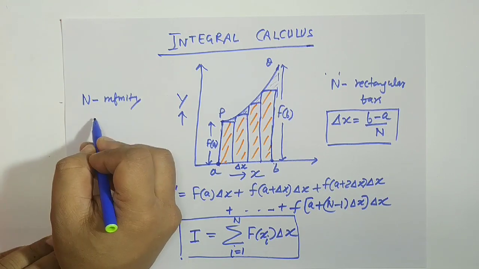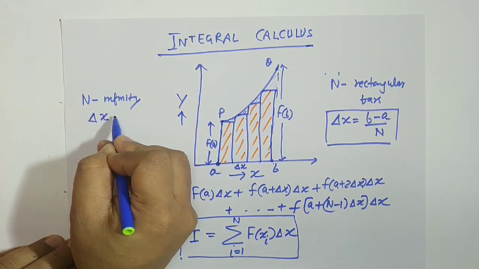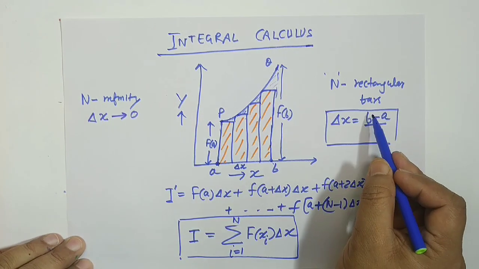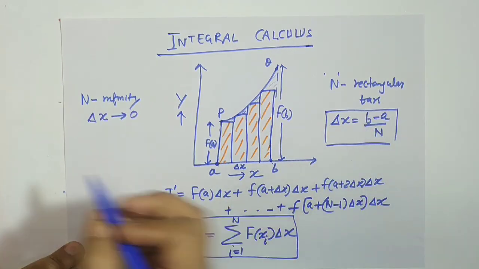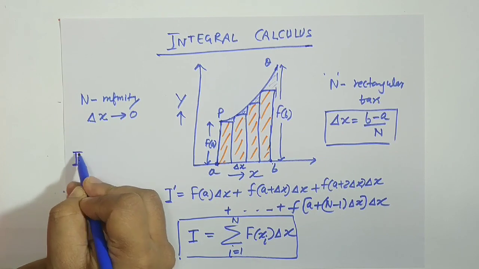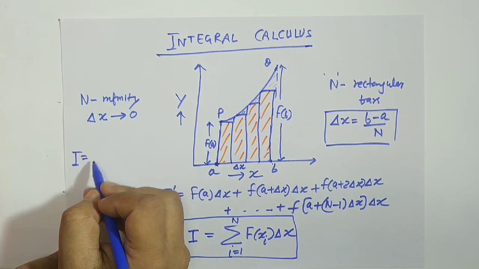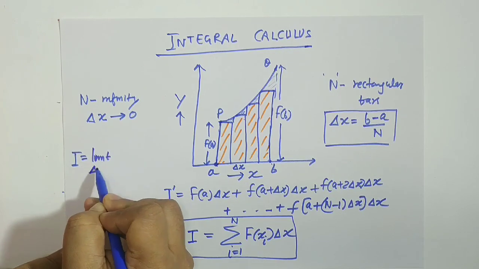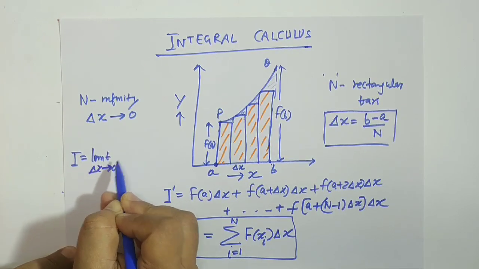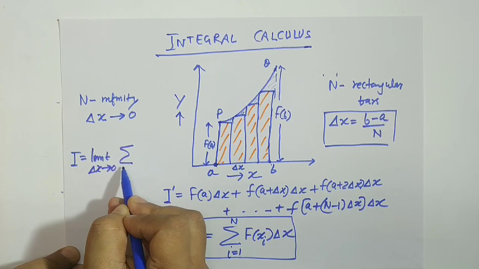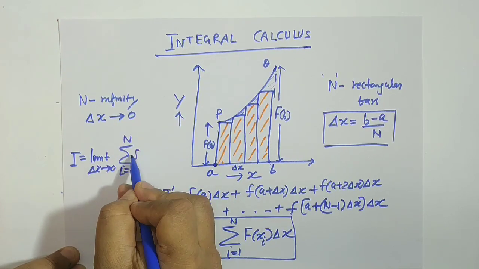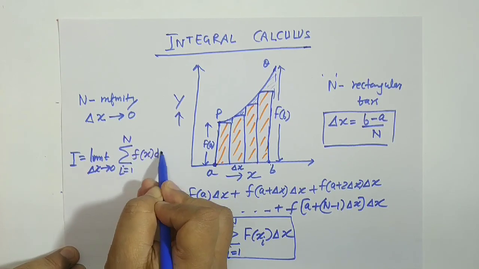Delta x will be tending towards 0. So can I write the area like this, limit, again the same thing as differentiation has come, delta x tends to 0, summation i from 1 to n, and it can be written like this.